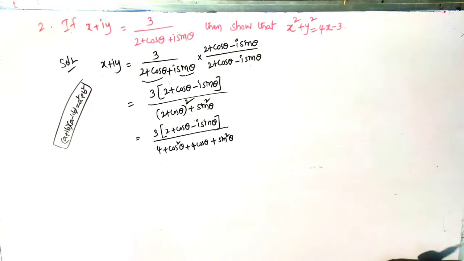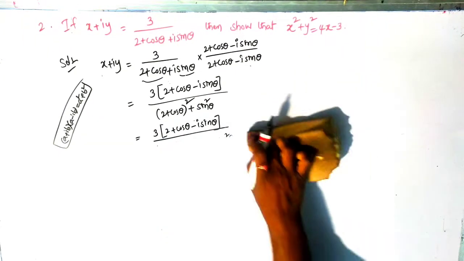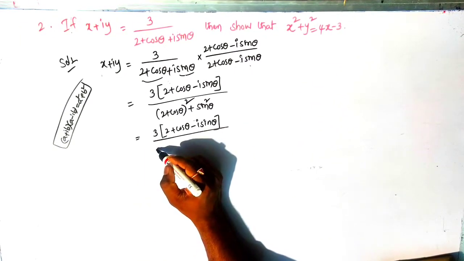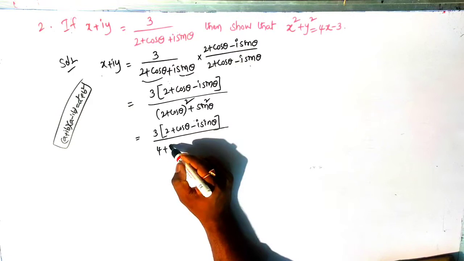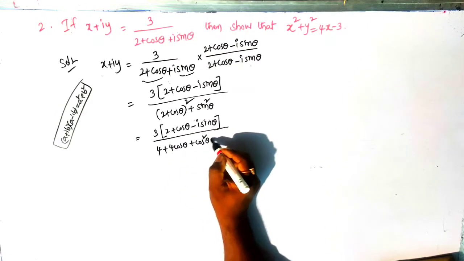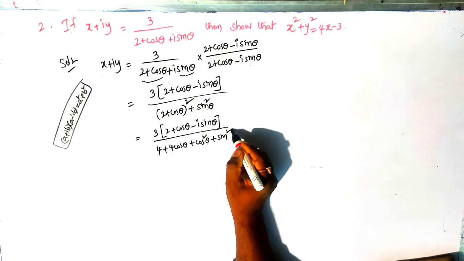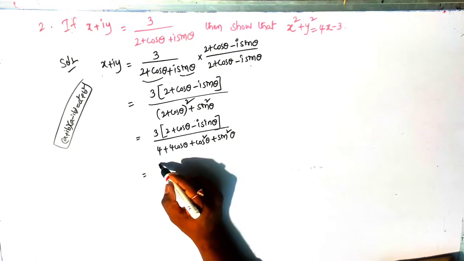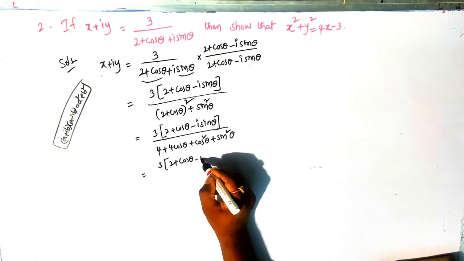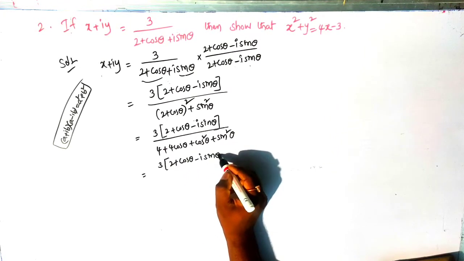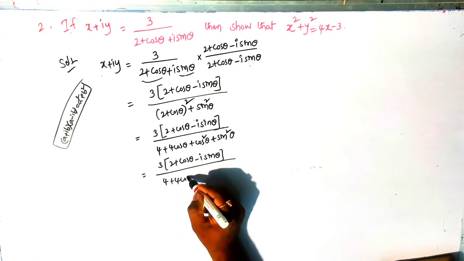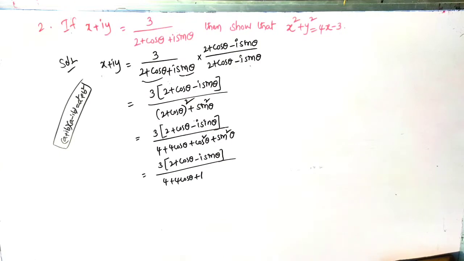Okay, so we write it like this, divided by 2 squared, 4, plus 2ab, that is 4 cos theta, plus b square, cos square theta plus sin square theta. So we get here 3 of 2 plus cos theta minus i sin theta divided by 4 plus 4 cos theta, and this one is 1.